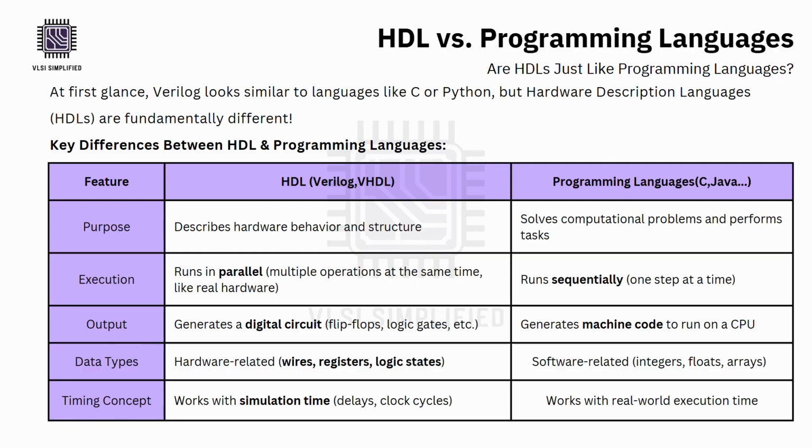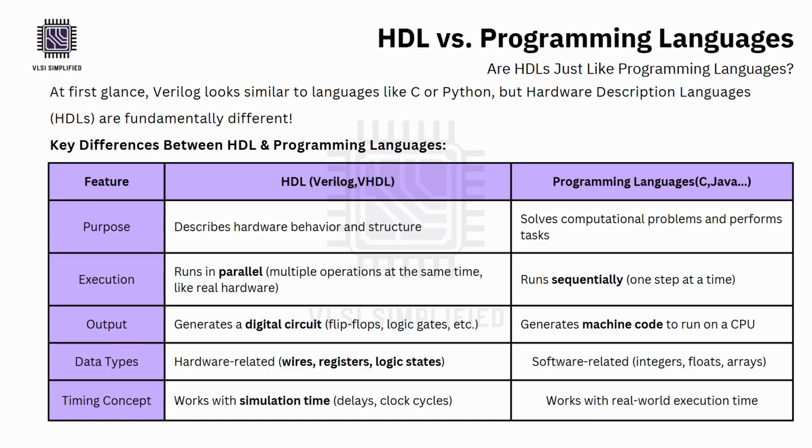As you can see from the table, HDLs describe hardware structures and behavior, while programming languages focus on solving problems. HDLs run in parallel, just like hardware, whereas programming code runs step by step. HDLs generate digital circuits while programming languages generate machine code.